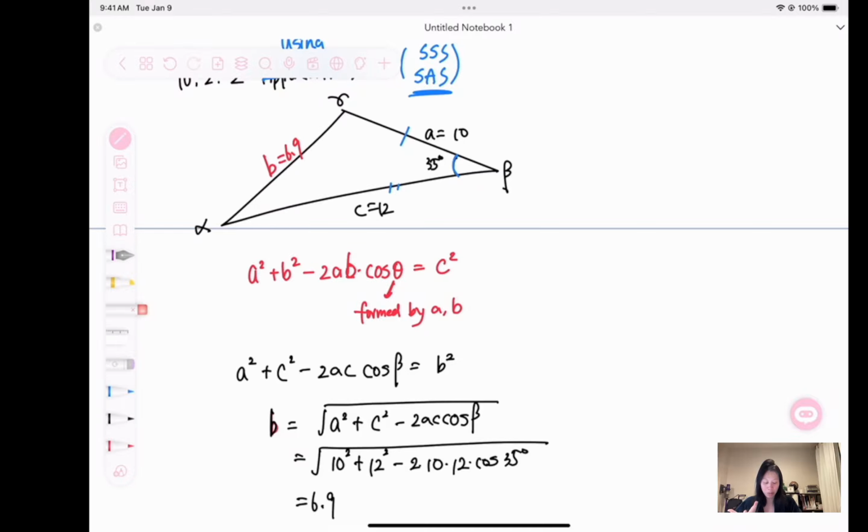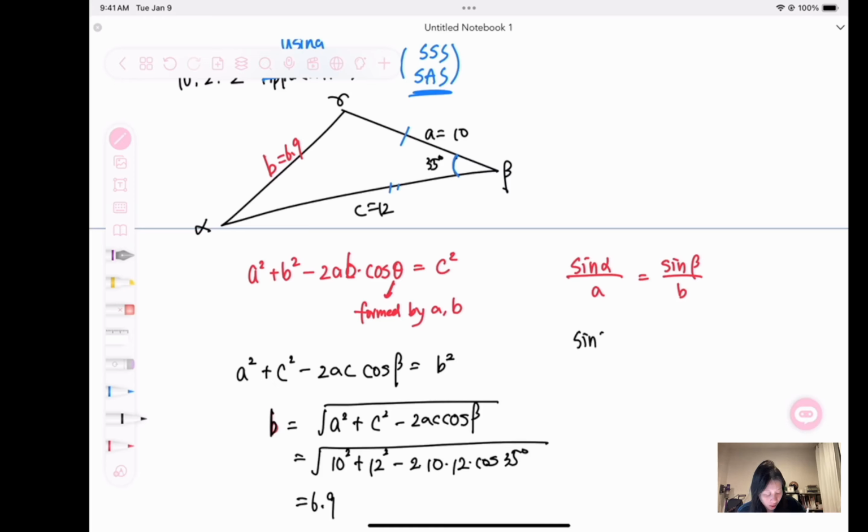Of course, you can still apply the law of cosines, but now we can apply the law of sines. The law of sines says that sine alpha over a equals sine beta over b. Because we already solved for b, we have side a and we also have beta.